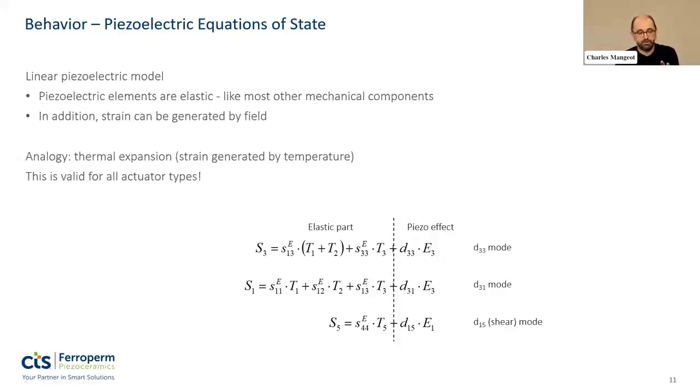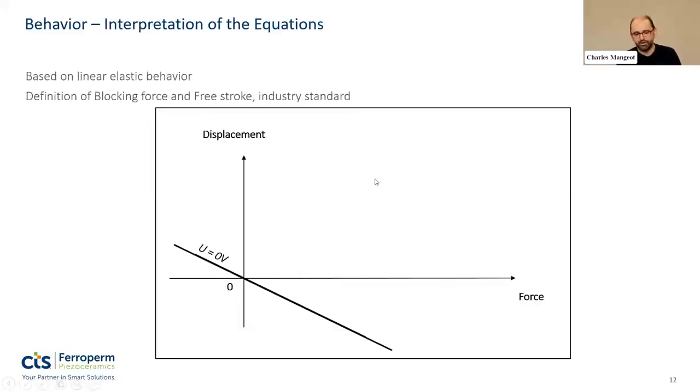And in the past, before the FEM simulation was equipped with piezo modules, people were actually using thermal expansion to model the piezo effect. And I've done that a couple of times. It actually works fine, mostly if it's isotropic.